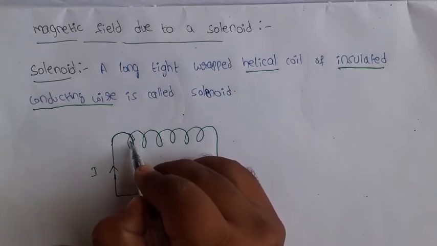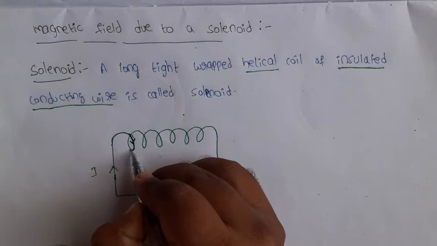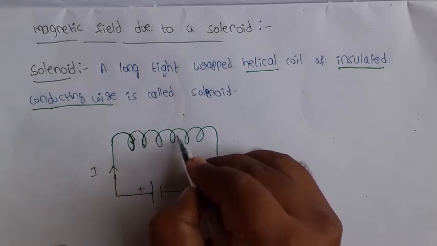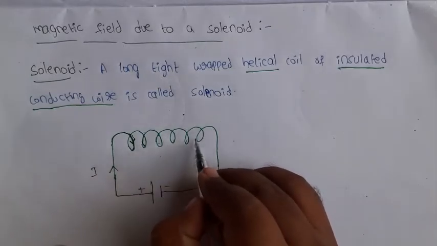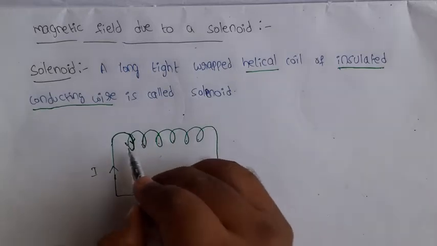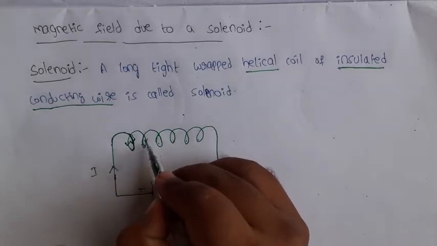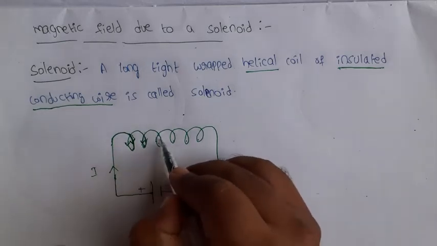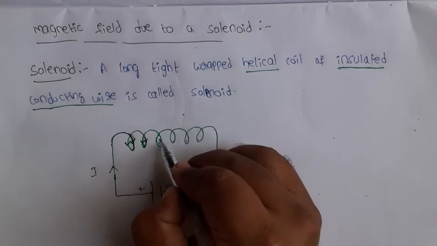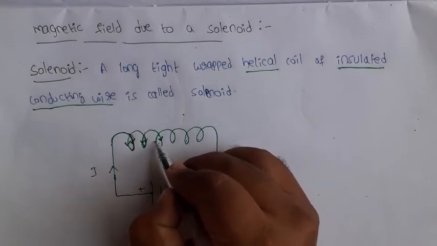This is the direction of the current in a loop. This is one loop. There are 1, 2, 3, 4, 5, 6 loops. This is the direction of the current entering the loop, and this is the outgoing direction of the current in a loop.